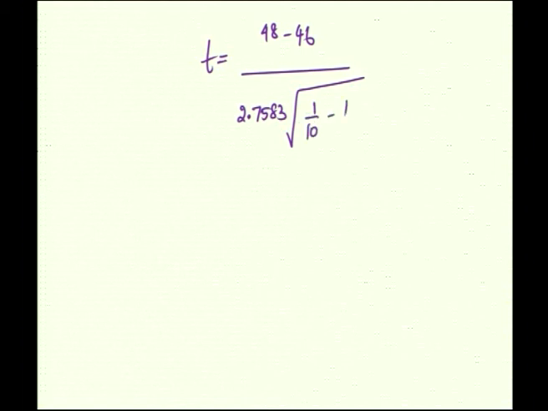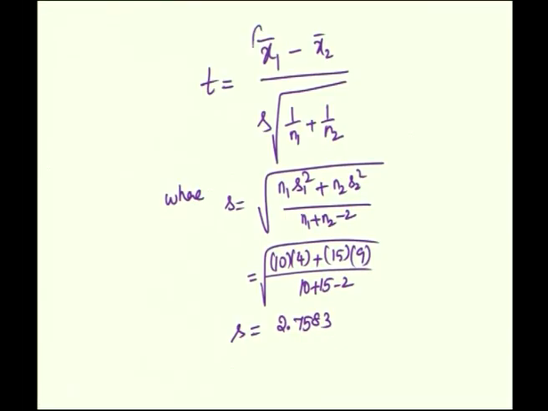So, therefore, t is equal to 48 minus 46 by 2.7583 into root of 1 by 10 plus 1 by 15. Now, this is actually the t value, but we are calculating the 95% confidence limits. Therefore, here the t formula will have a slight change, minus mu1 minus mu2.